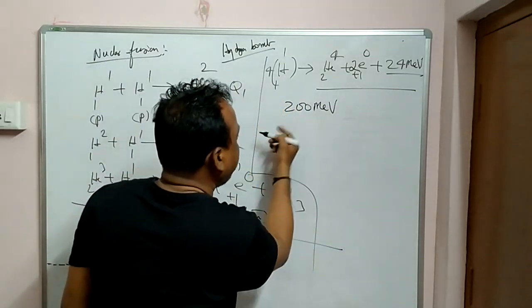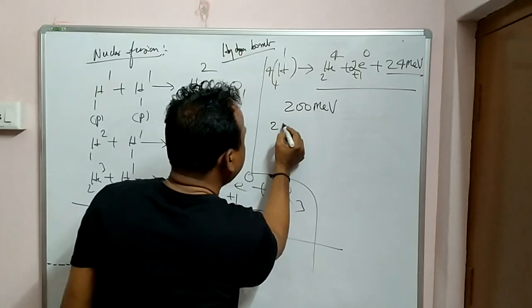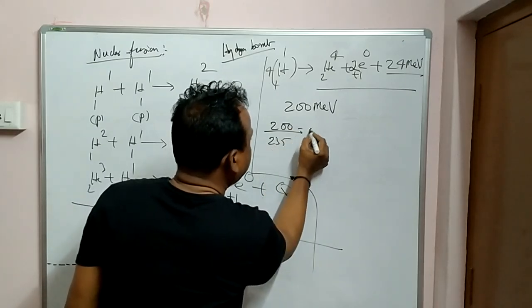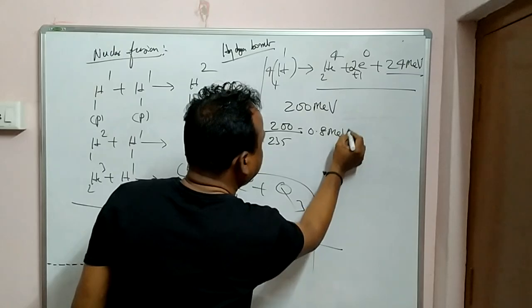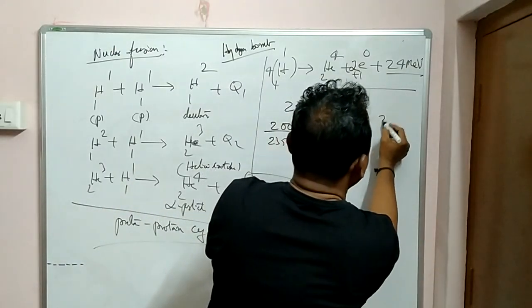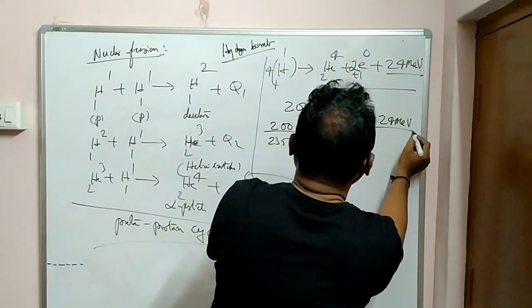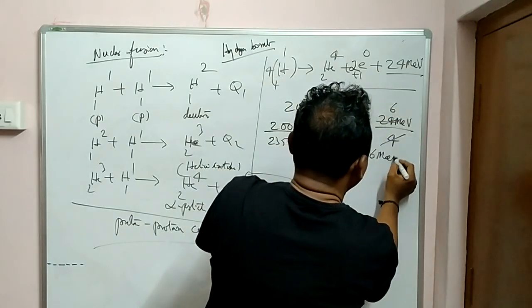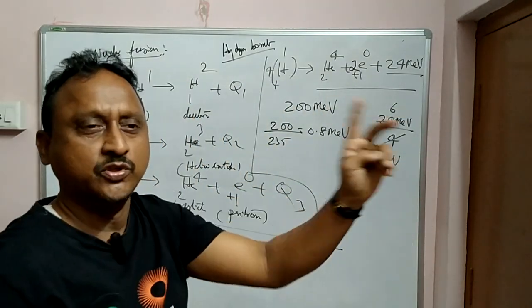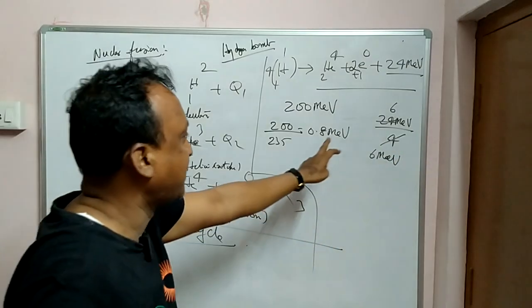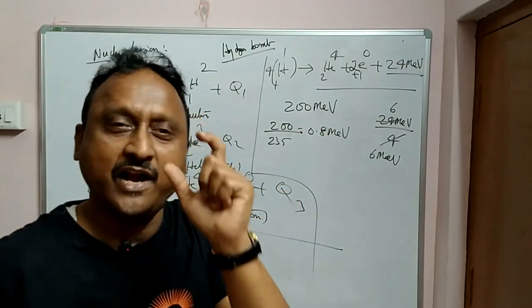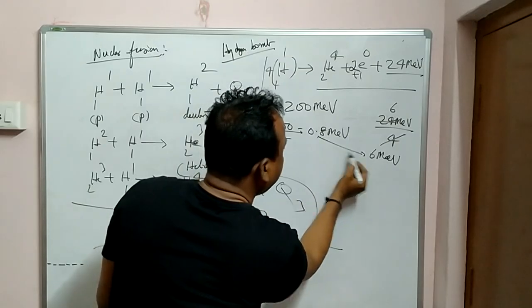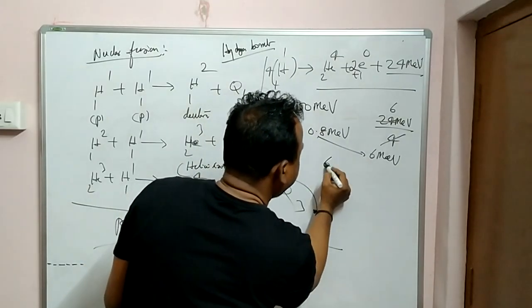What is the average binding energy in this one? 200 by 235, that is 0.85 MeV. What about here? 24 MeV by 4, 6 MeV. So which is more dangerous? Nuclear fusion is more dangerous than fission. That is why hydrogen bomb is more dangerous than atom bomb. You can observe here, almost it is 6 to 7 times.